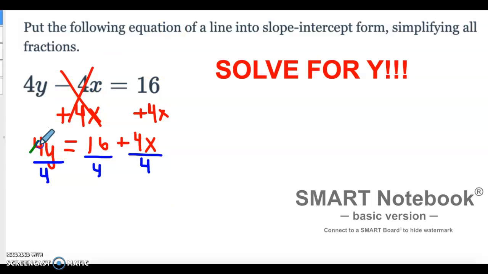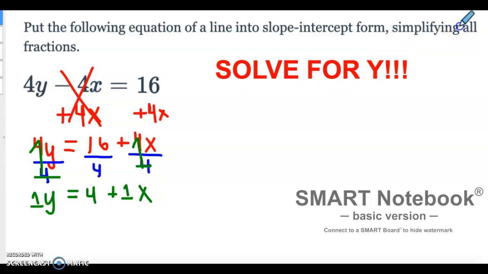When we do that, 4 over 4, that makes a giant 1. So we have 1y, which again you could just write as y, is equal to 16 divided by 4 is 4, plus, and then again 4 over 4, that's a giant 1. So here we have 1x.